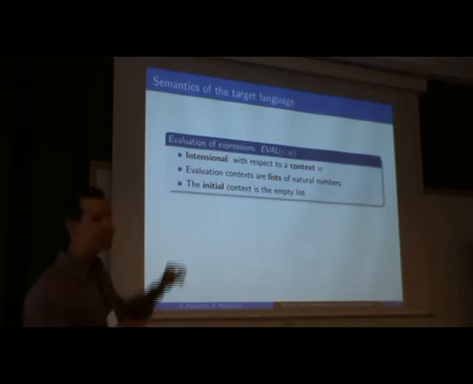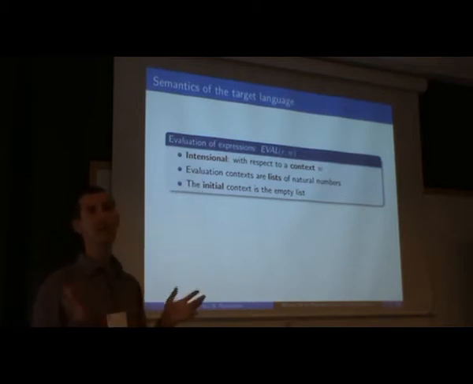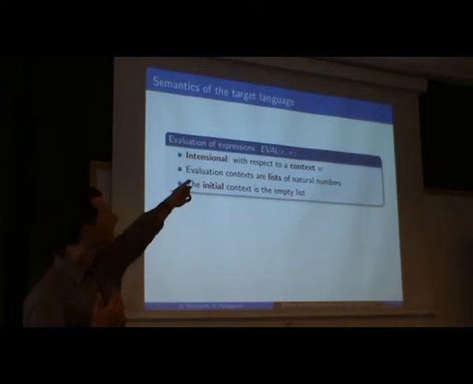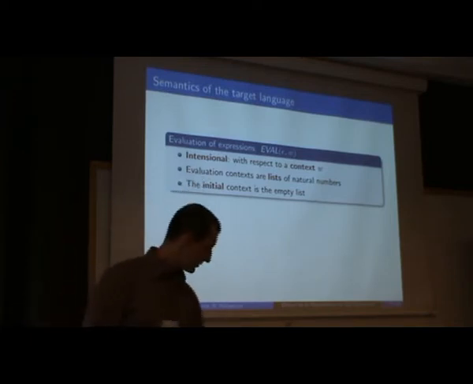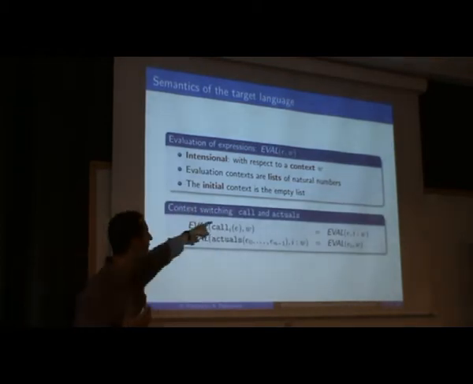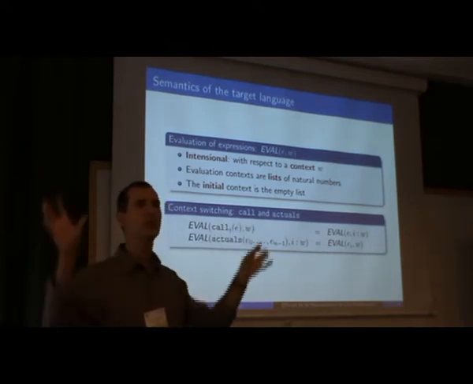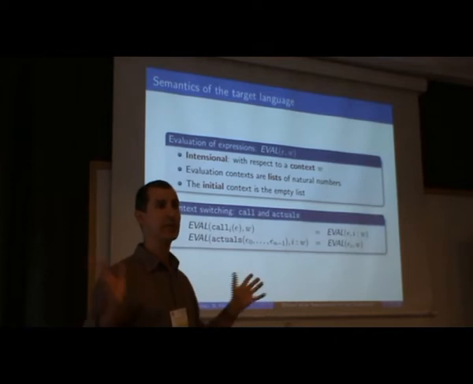You need something that's called a context. And in this very simple setting, the context is just a list of natural numbers. So let's imagine that we have an evaluation function, eval, which takes an expression and a context. And what it does, it evaluates E in W. Let's see what this eval does for the call and actuals, because for everything else, eval is quite simple, just does point-wise evaluation in the context.